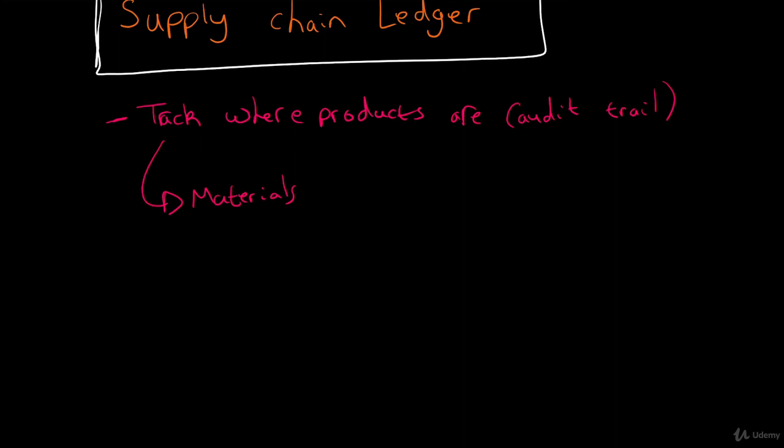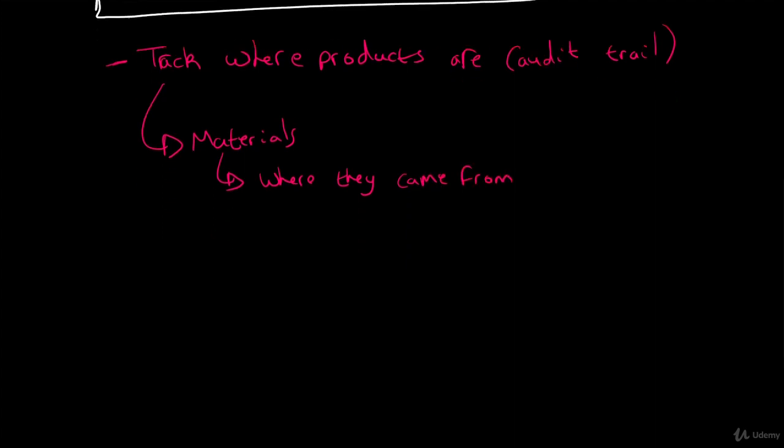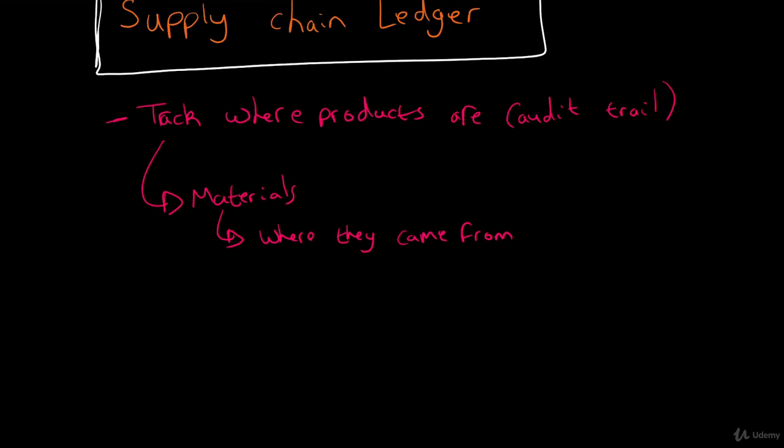So we can see where they came from. That includes stuff like the country. It includes the company responsible for potentially mining it or processing it, and it includes the people potentially as well.